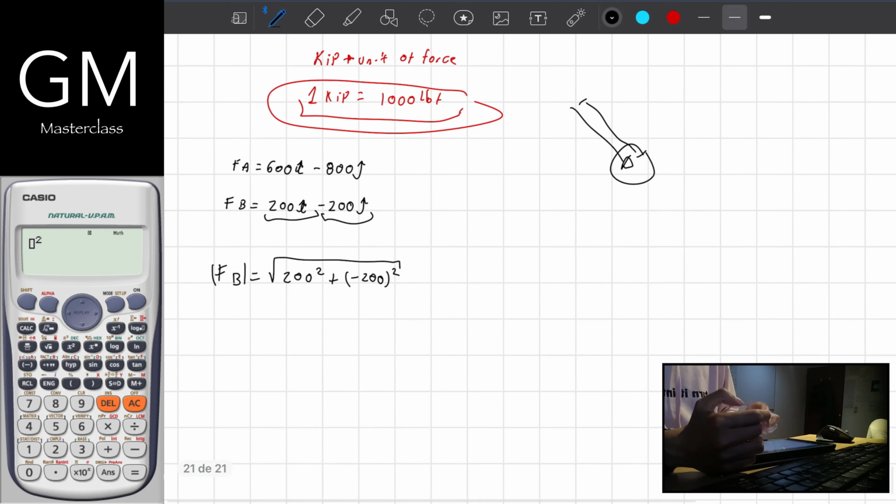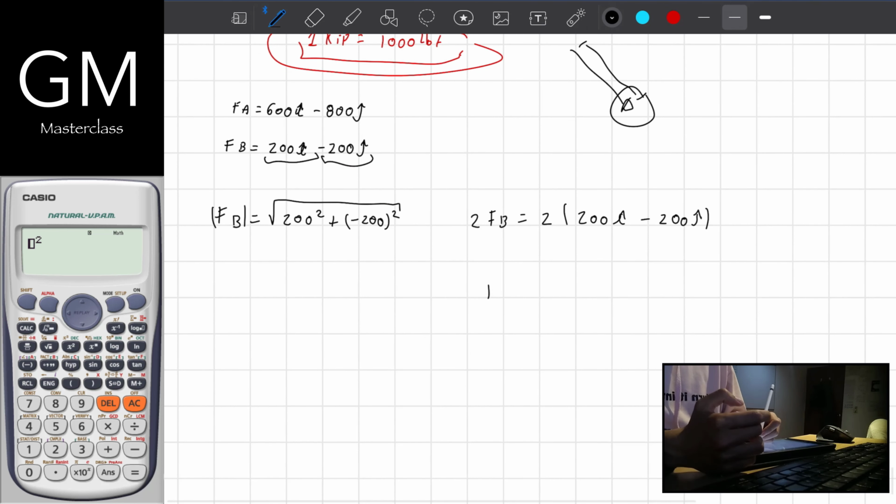So right here we have 2FB. 2FB is going to be equal to 2 multiplied by the vector. What is the vector? 200 units in the I direction minus 200 units in the J direction.